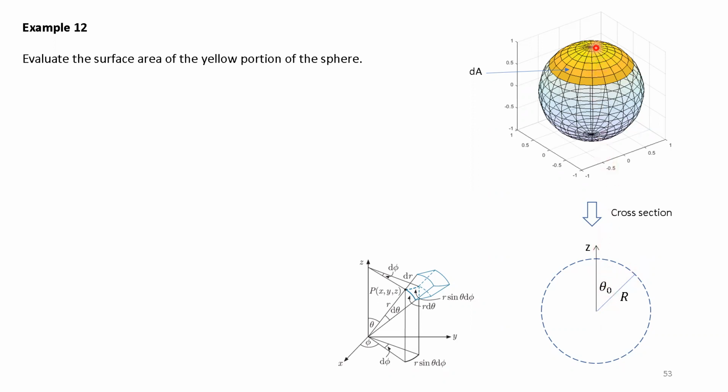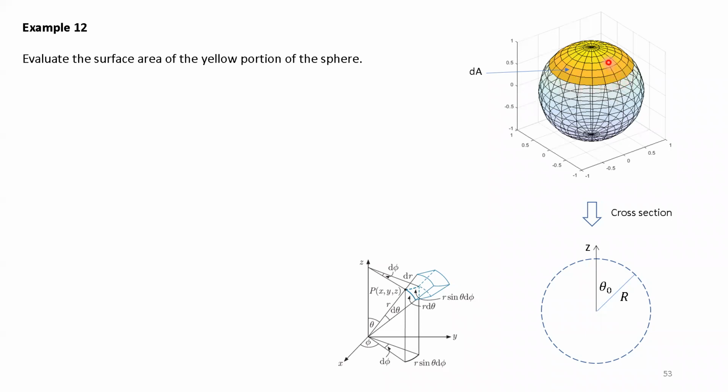If I want to find this surface area, you could imagine that again I'm trying to consider very, very small sections. But this time I don't need dV, because I only need the area element. So what we want this time is dA, not dV.